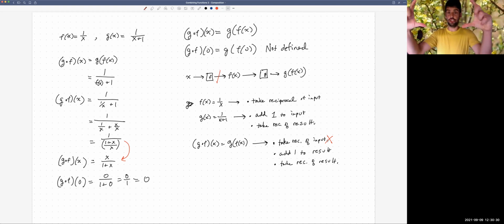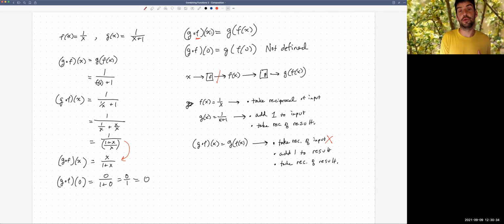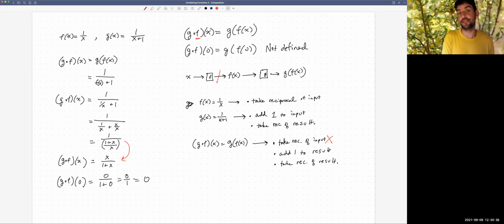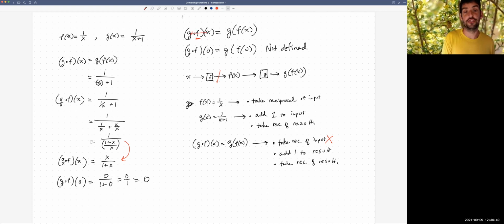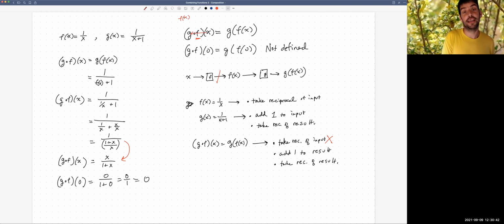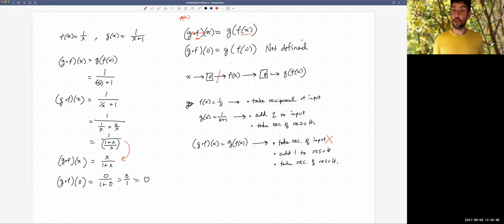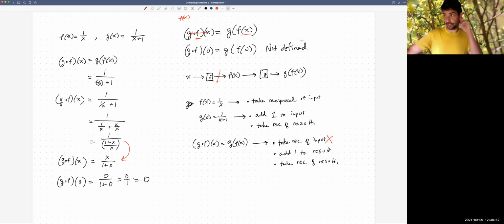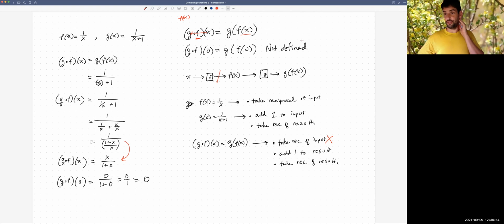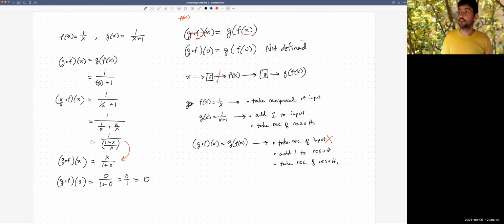You take the instructions for the inner function, right? I know the ordering is a little bit weird, but the reason is we think of the inputs kind of traveling this way through our functions, right? When we do f of x, x goes into f. So here, x goes through f, then into g. We do f first. So when you do composition, you can take that inner function and do all of its instructions, and then immediately start the next set of instructions, right?